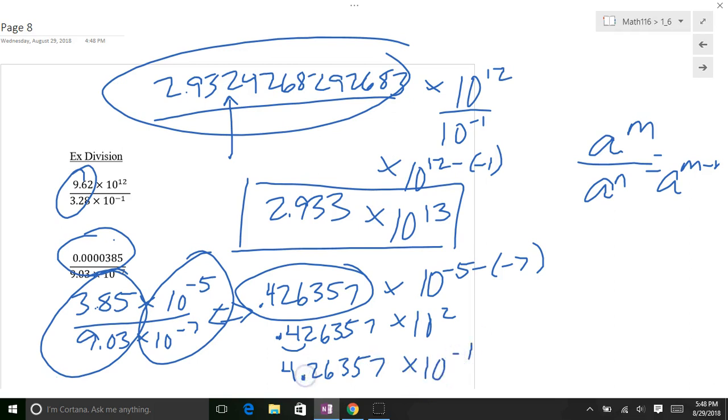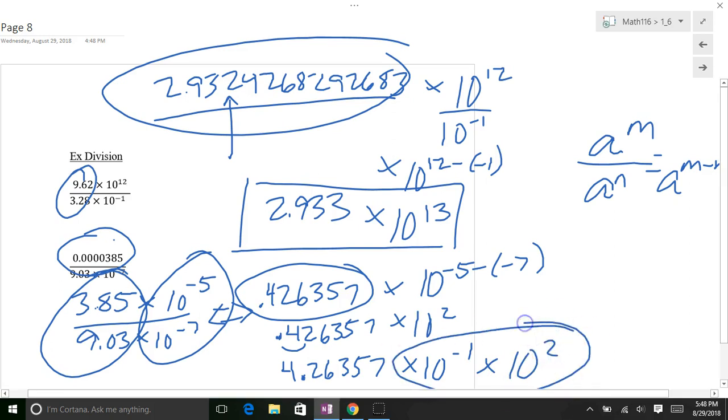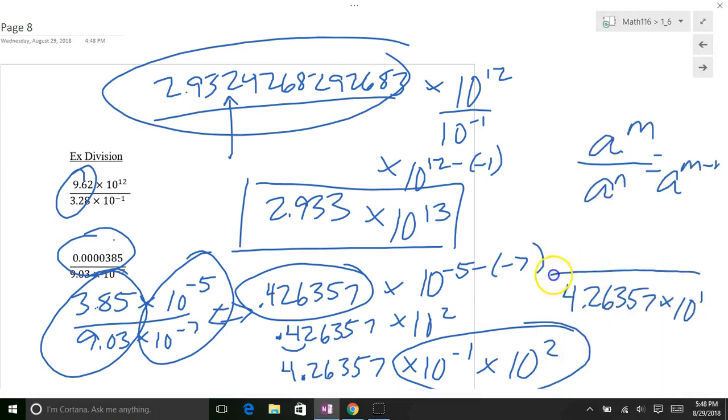So I had to move it back left 1 to have that originally. I still have this 10 squared. Now I put those two back together, so negative 1 plus 2 is 1. So this ends up being 4.26357 times 10 to the 1.